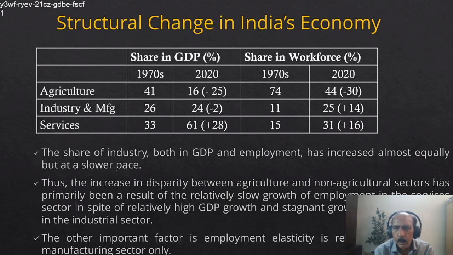But the contribution of the service sector in generating employment opportunities was not commensurate to its share in the GDP, meaning thereby that the employment opportunities in this sector have increased only by 16 percentage points, and therefore the labor force engaged in the service sector has increased only from 15% in the 70s to 31% in 2020.